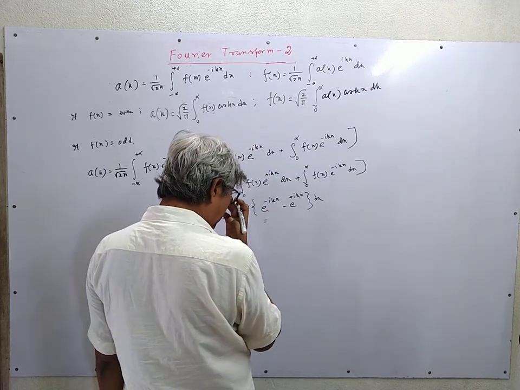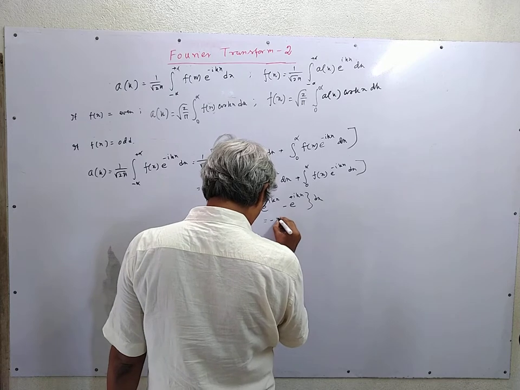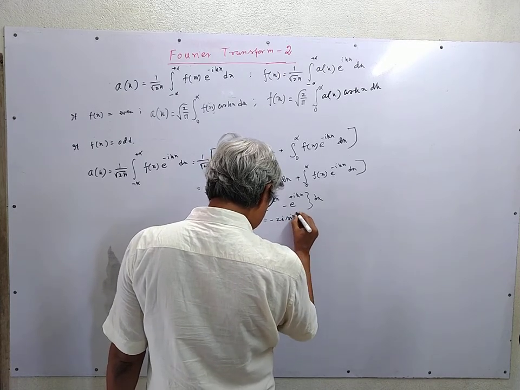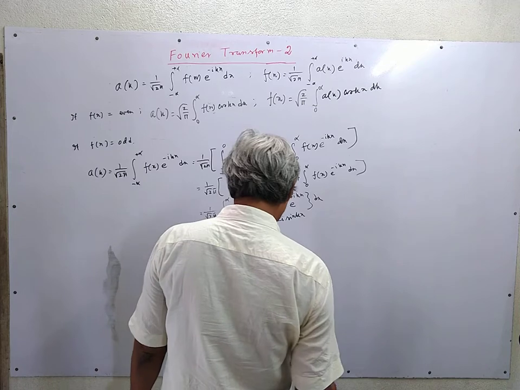This part, the quantity within the second bracket, is twice i sine kx.